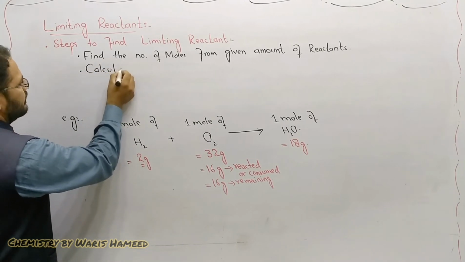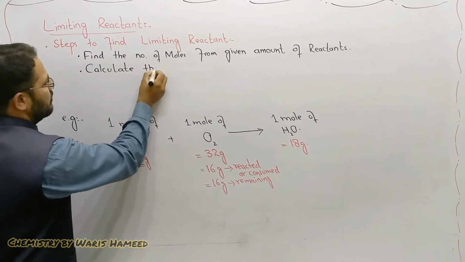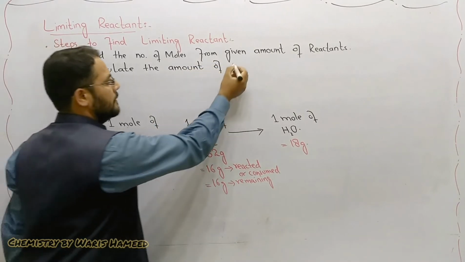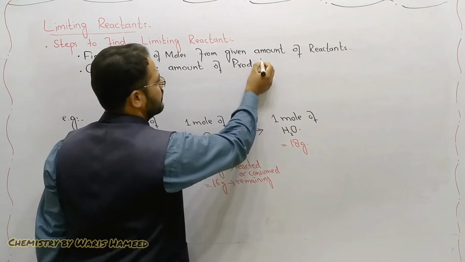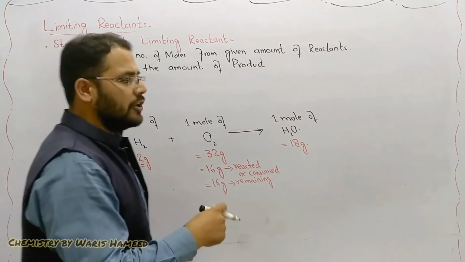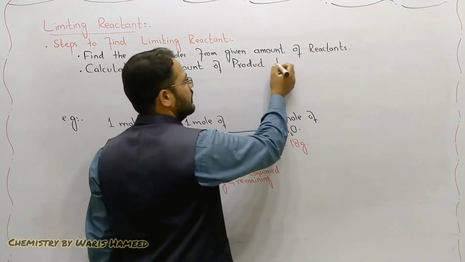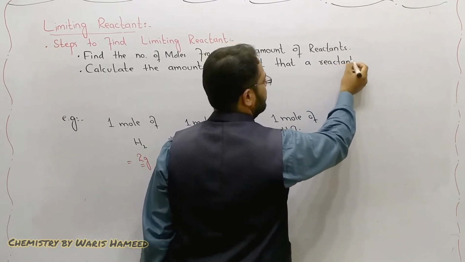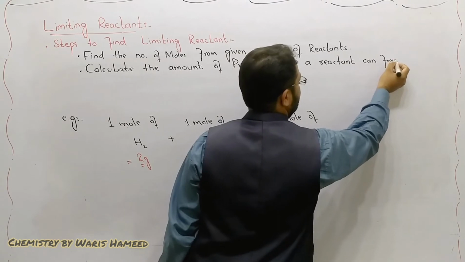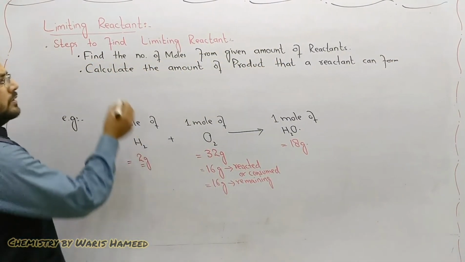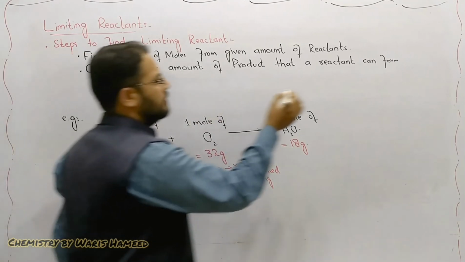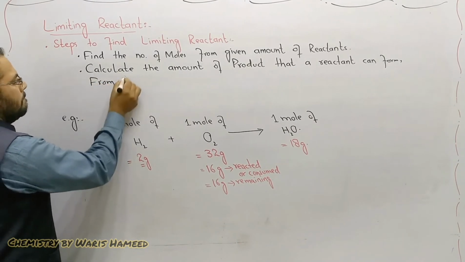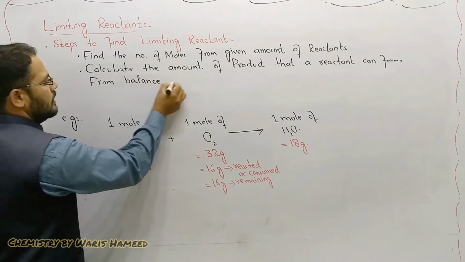Calculate the amount of product that a reactant can form from the balanced chemical equation.